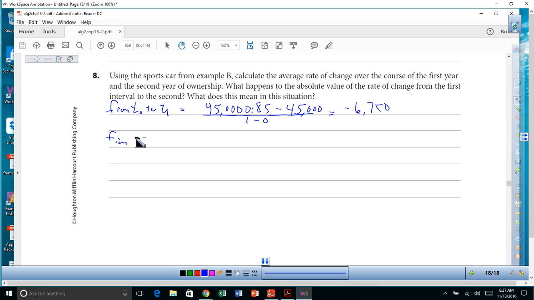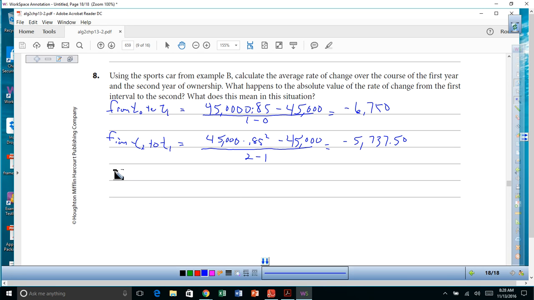From T sub 1 to T sub 2, that would be 45,000 times 0.85 squared minus 45,000, and that would be 2 minus 1. And that's going to give you approximately -$5,737.50.